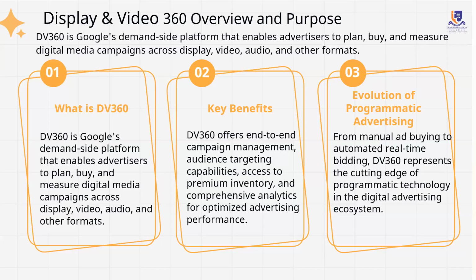Display and Video 360 represents the cutting edge of programmatic technology in the digital advertising ecosystem. This really shows that, moving ahead, Google has come up with a way of making it easier for you to tweak your analytics and your strategy to get to more customers.